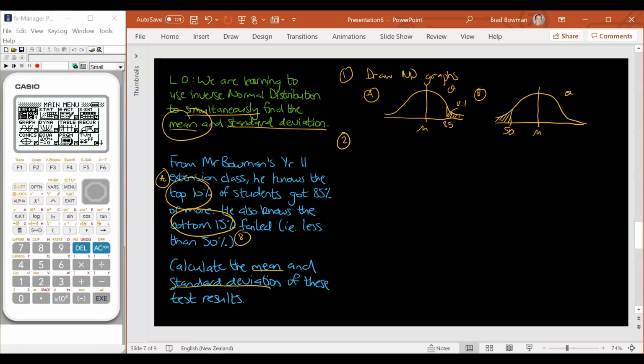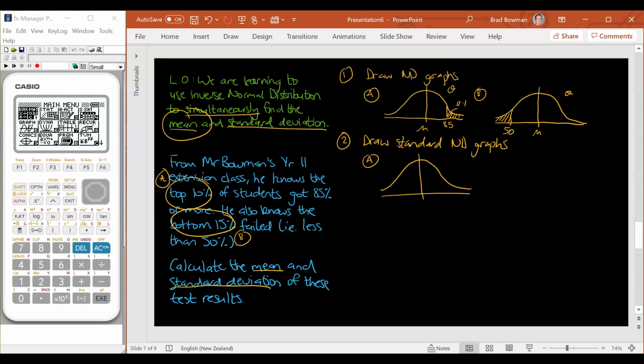Step number 2, just like our other one, we're then going to have to draw our standard normal distribution graphs. So we're going to jump in and do that. Scenario A, there's our graph.